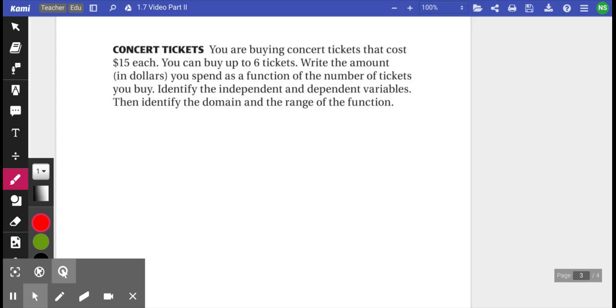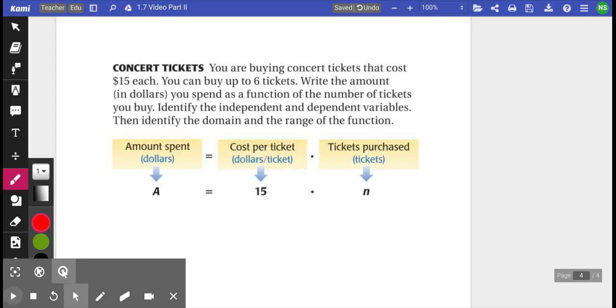So we're just going to break down what we know here. You're buying concert tickets. Each one costs $15. You can buy up to 6 tickets. So if we want to know how much we'd spend for up to 6 tickets, we could say something like this.